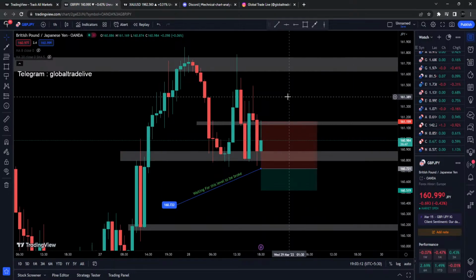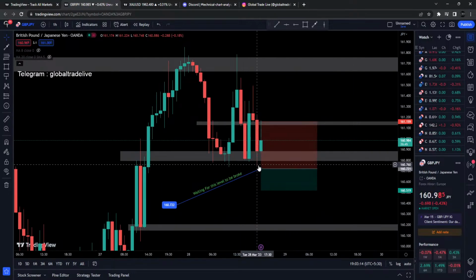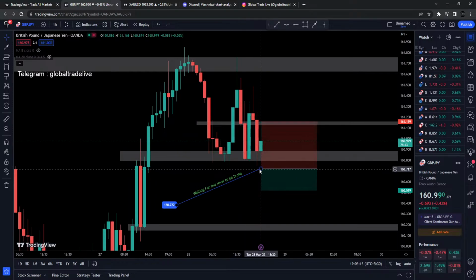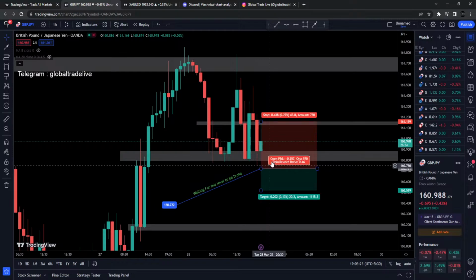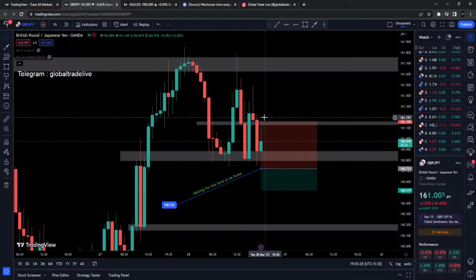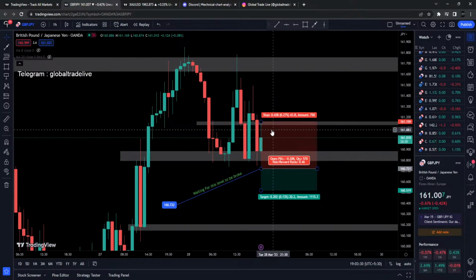Now if the 1 hour candle breaks these lows over here, the chances have really increased, because this is a huge high which has already been formed over here.